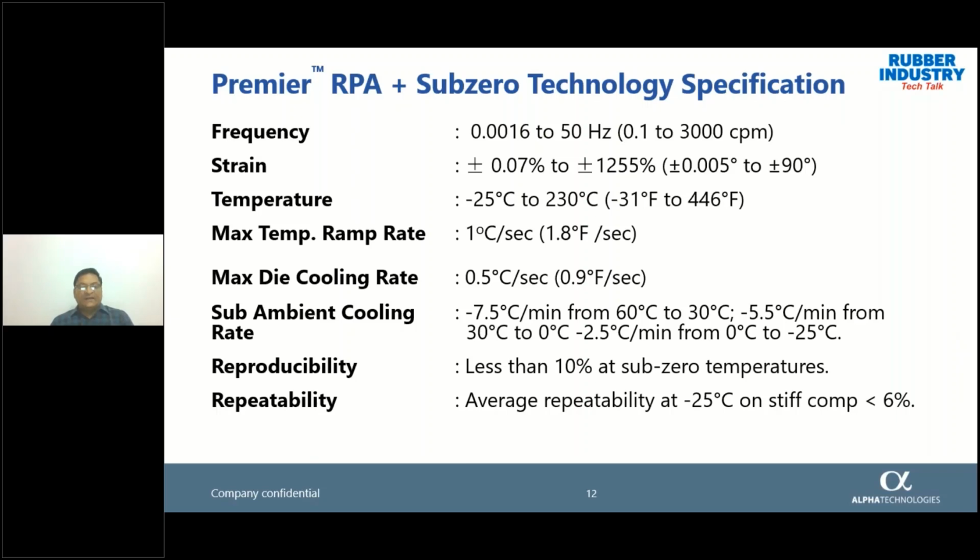And we determined the reproducibility of our standard compound is less than 10% at sub-zero temperature, and the average repeatability for the compound at -25 degrees centigrade is less than 6%.